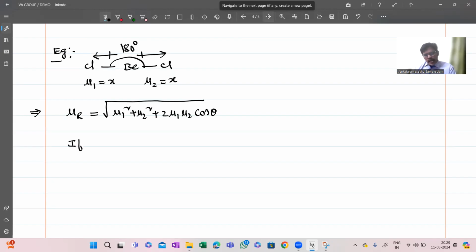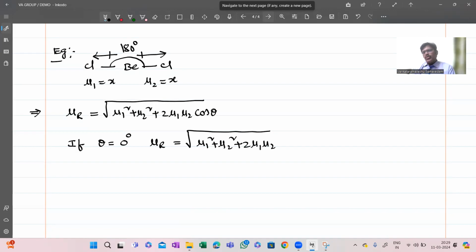If theta is 0 degrees, then mu resultant is directly equal to the square root of mu1 square plus mu2 square plus 2 mu1 mu2 cos 0 degrees. Cos 0 is 1. Then what will you get?